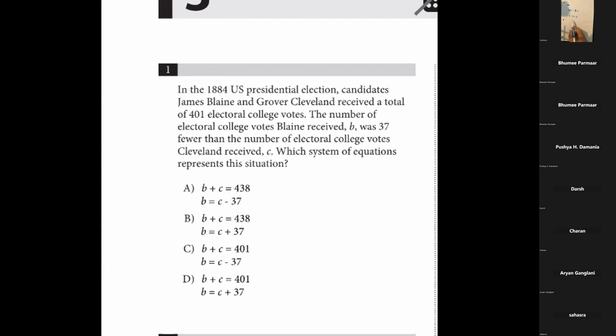These would be the two equations, which would be B plus C equals 401 and C minus 37 equals B, which would be answer choice C.